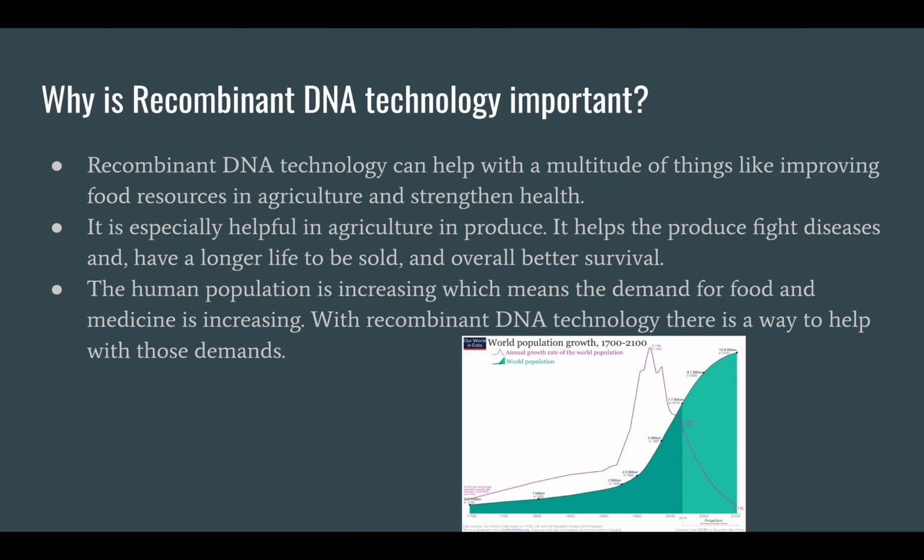With that said, the human population is increasing, which means that the demand for food and medicine is increasing as well. So, with recombinant DNA technology, there's a way that we can fill those demands. We can get food out faster by creating more desired effects, maybe it growing faster.